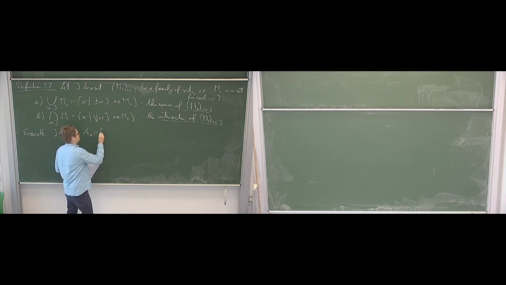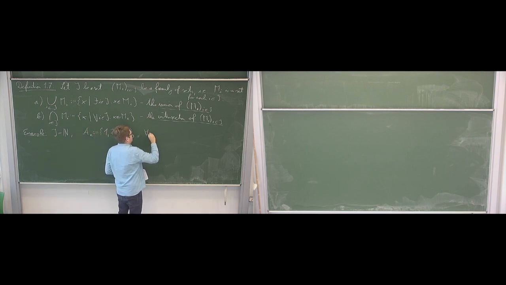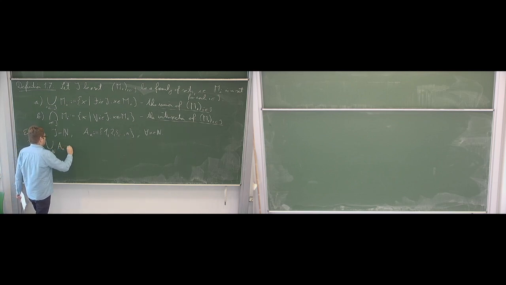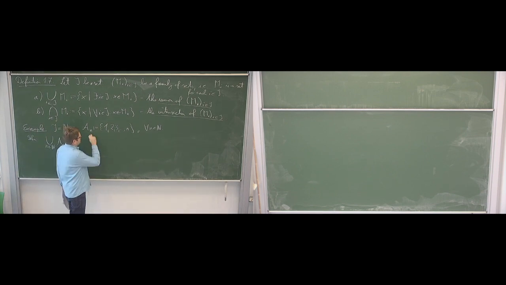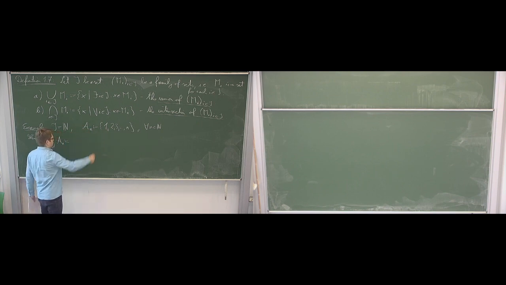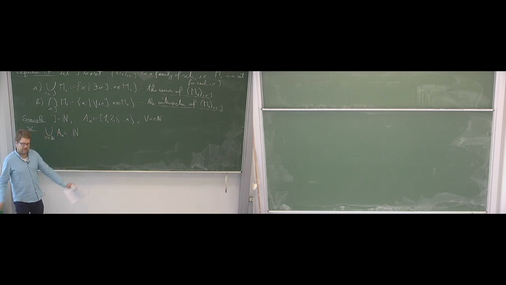A_n is supposed to be the set 1, 2, 3, and so on up to n, defined like that for all n in N. Then the union over all n in N of these A_n means everything which is contained in one of these A_n. We see that these sets become bigger and bigger until every natural number is contained in one of these sets. So the union of them is simply N, everything.